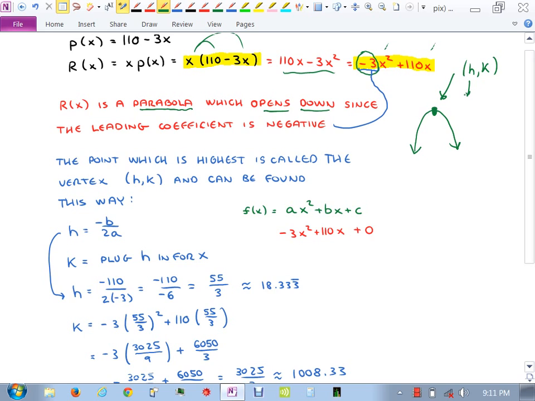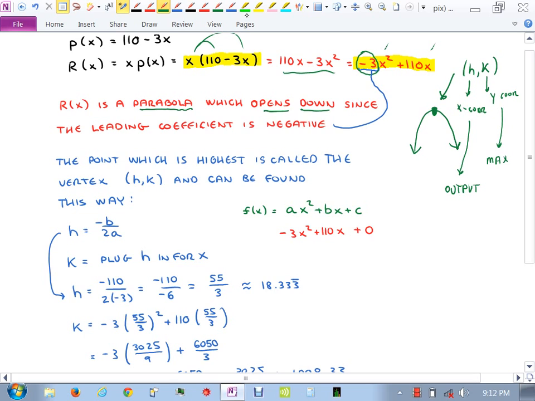The h is just the x coordinate of that point, and the k is the y coordinate. For us, the x coordinate will correspond to the output that gives us the max, and the y coordinate is the actual maximum. So once we find h, we'll be able to answer B. Once we find k, we'll be able to answer C.